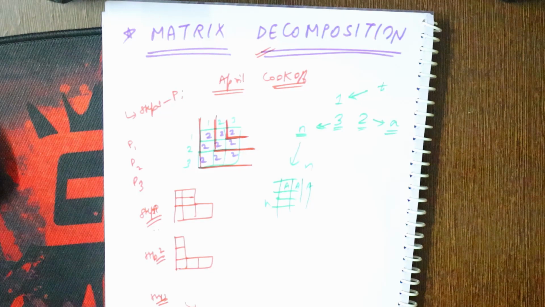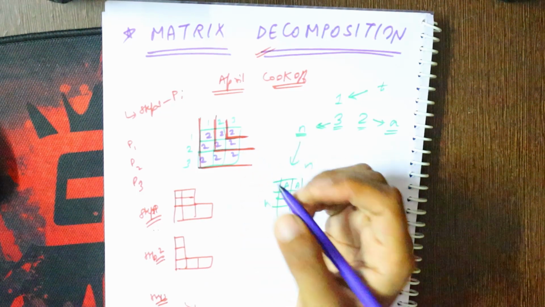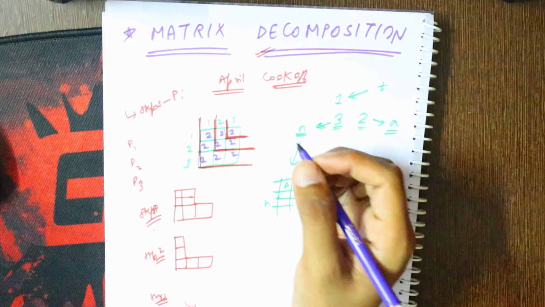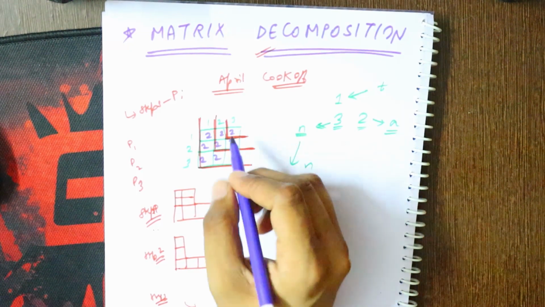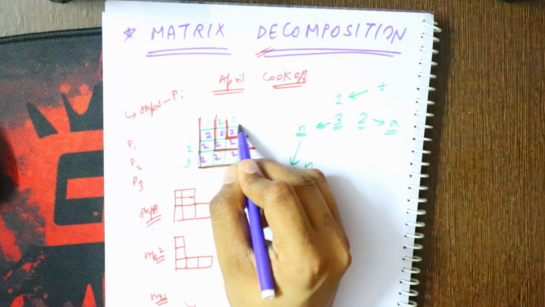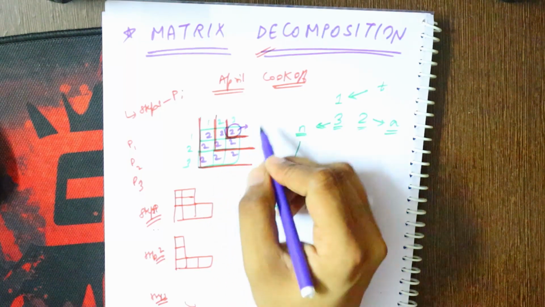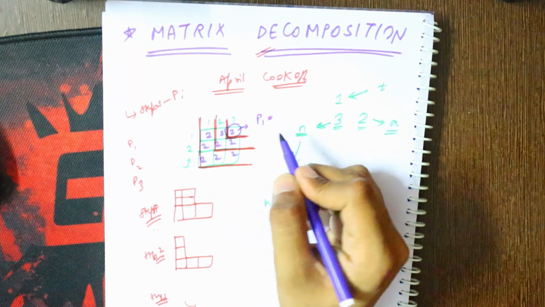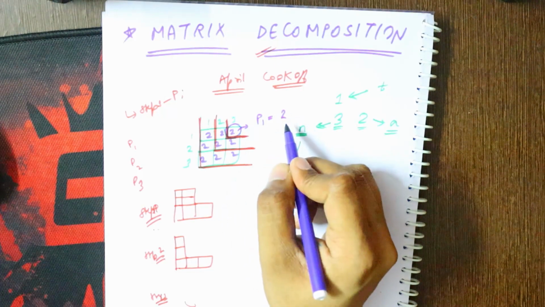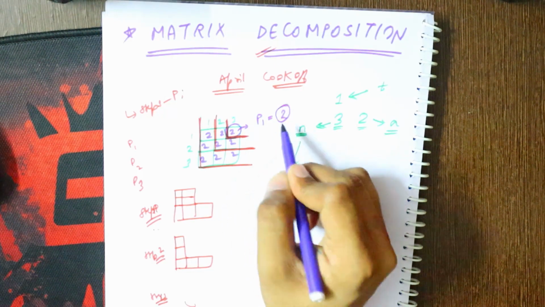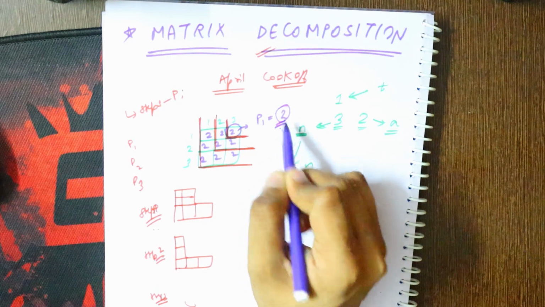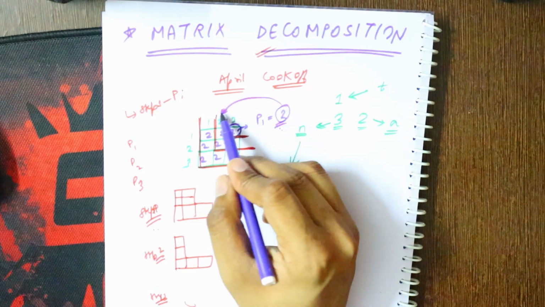So what the problem actually says is that when we remove an element, if I remove this element, so P1 it is 2, then I have to multiply this element to all the other elements.